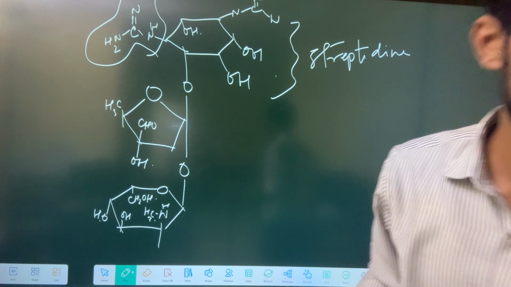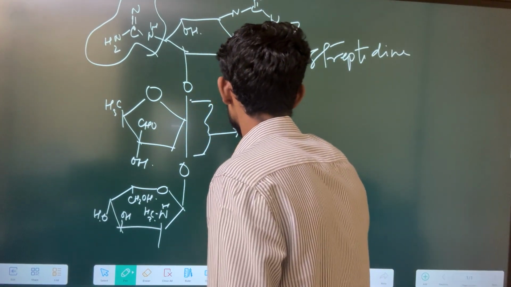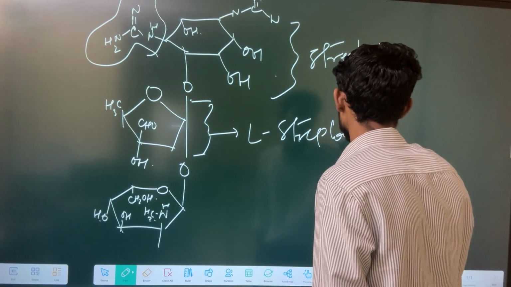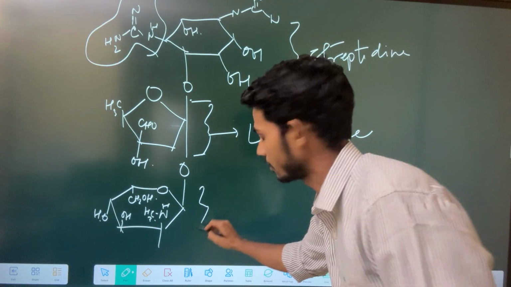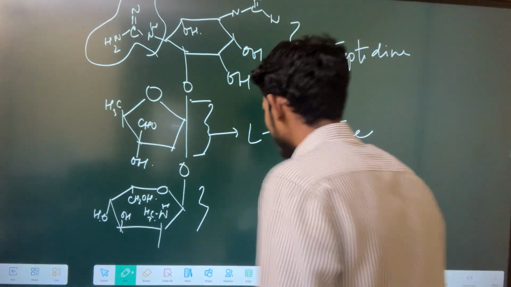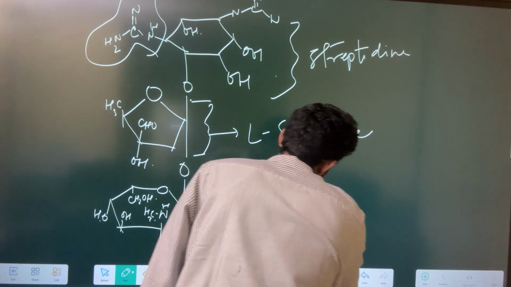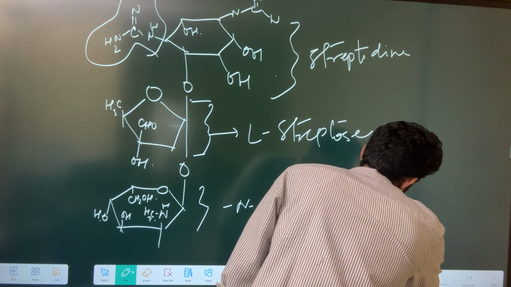After that, what is that? This 5-membered structure, L-streptose. And this one is N-methyl-L-glucosamine.